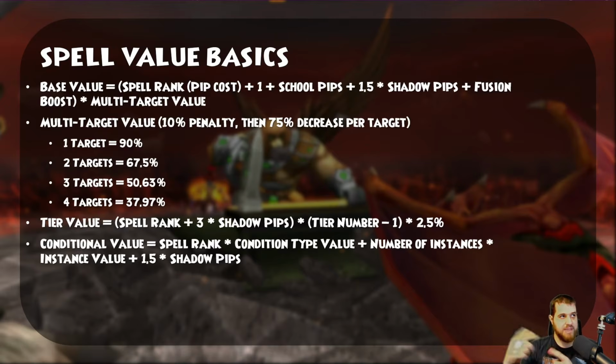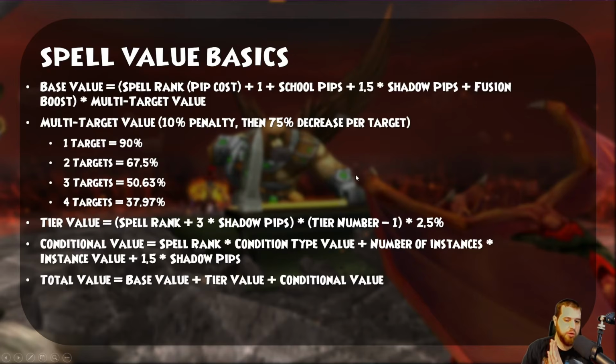When we redid shadow pips, we decided to put half of the value into the conditional part, the non-hit part of the spell, and half of it in the hit part. That is where we landed. And then, of course, the total value of a spell is the base plus the tier plus the conditional value. And that is that. So that is exciting.